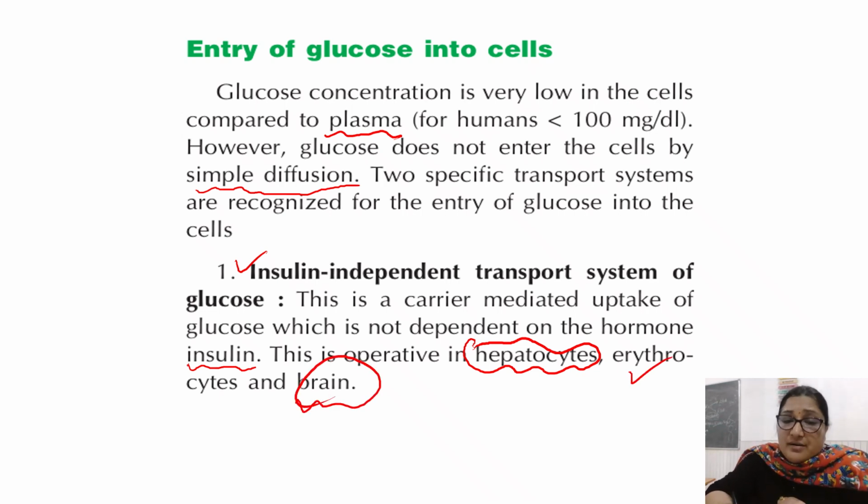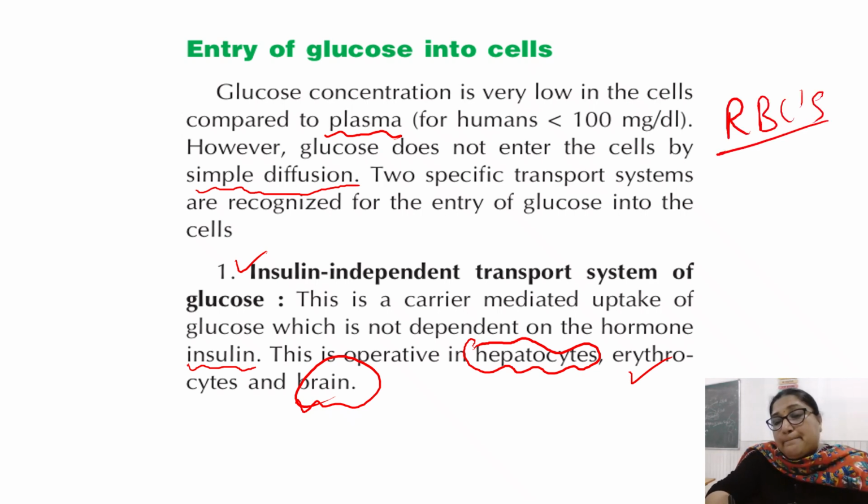See, now remember, one thing is there, that RBCs need energy, instant energy, because they have to constantly transport the oxygen towards the cell and take carbon dioxide away from the cell. So they cannot wait for any insulin to come and act upon the membrane of the cell.